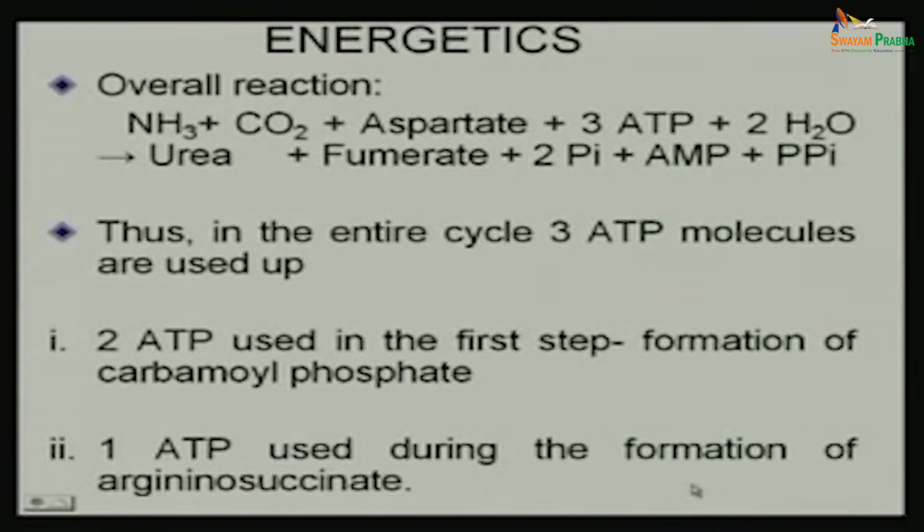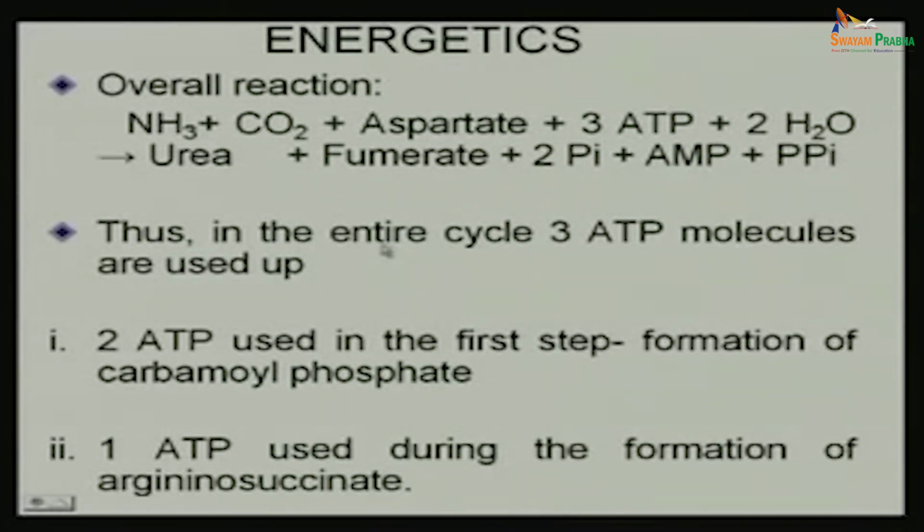Now, if we see the energetics, we can find that ammonia, carbon dioxide, aspartate, 3 molecules of ATP and 2 molecules of water give rise to urea, fumarate, 2 molecules of inorganic phosphate, AMP, and pyrophosphate.